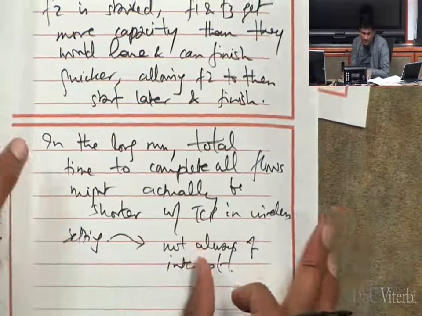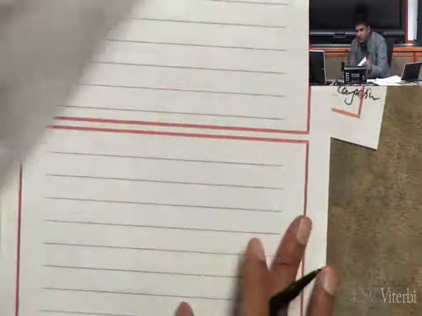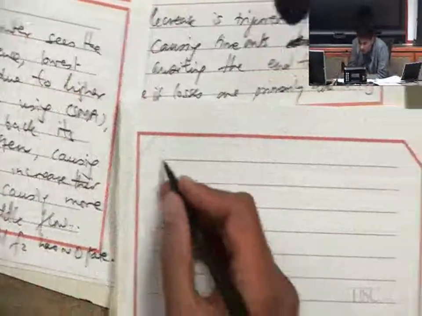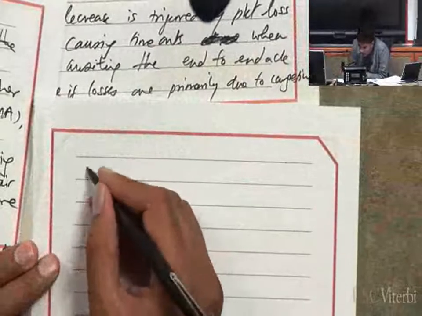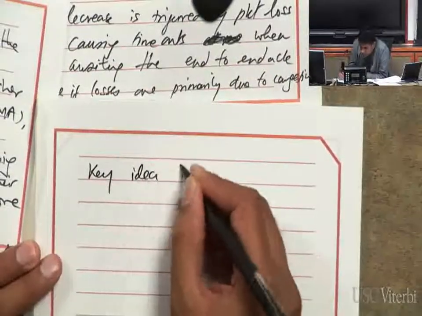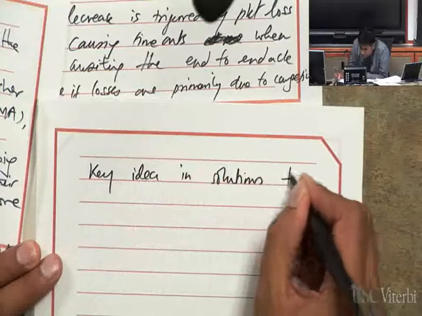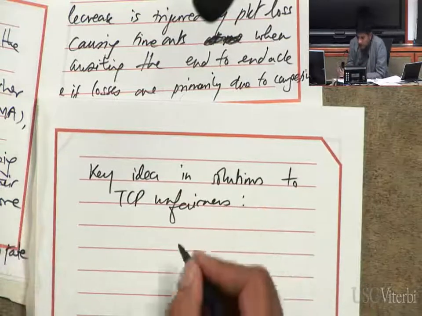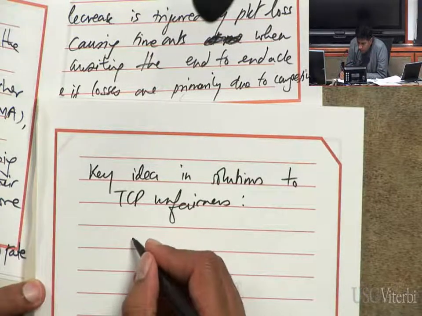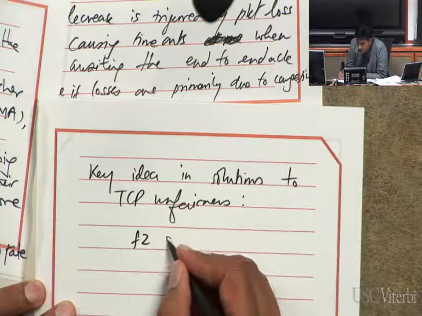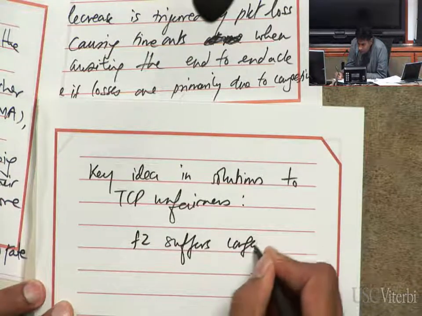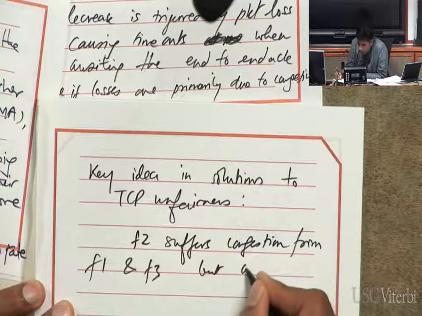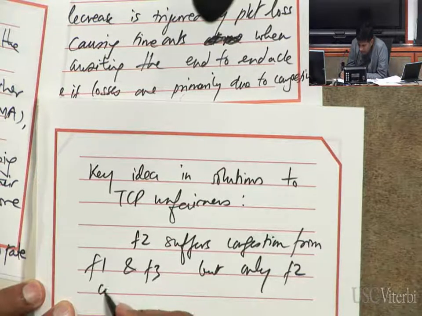And so, because of this fairness issue, people have proposed various solutions, and I won't get into the detailed solutions if nothing else because we're running out of time, but the key idea is: flow 2 suffers congestion from flow 1 and 3, but only F2 cuts back its rate.